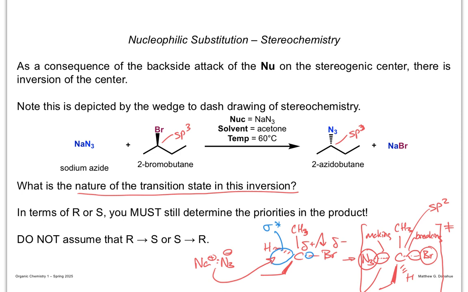So they go from one side into a plane, and as the nucleophile attacks, those substituents are then inverted to the other side. That's the inversion. And the transition state is the highest energy on the reaction coordinate. Questions?